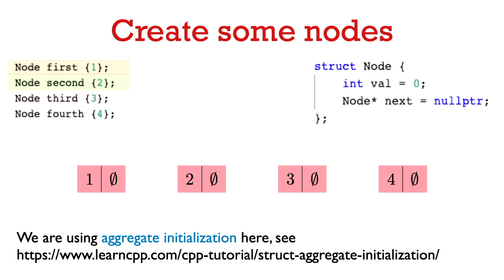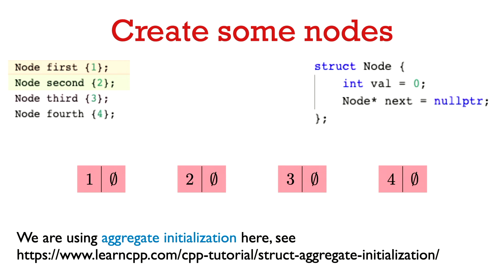I can use this because node is a struct, so the member variables are public, and in my node here, there are no user-defined constructors. So in this case, I can just provide a list of values, and these values will be used to initialize the member variables in the order in which the member variables are declared.